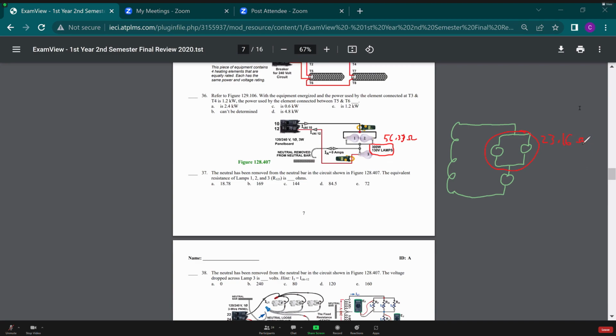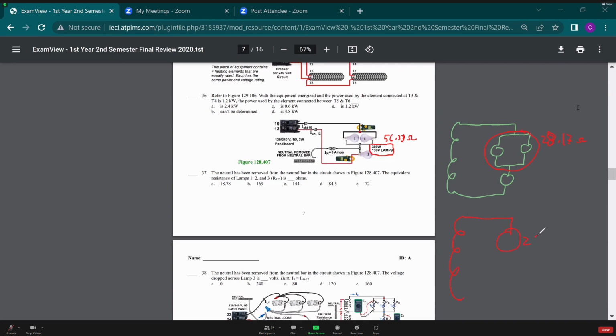Or 17. It's 28.17. Yeah, I don't know why. 28.17. No problem. Boom. 28.17. So let's redraw this guy in our new state.